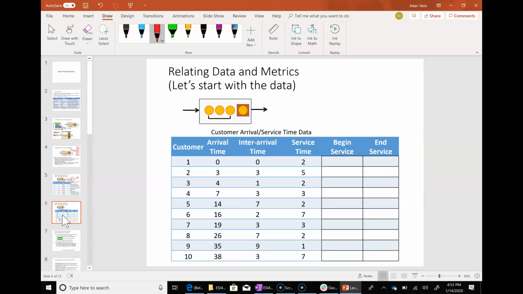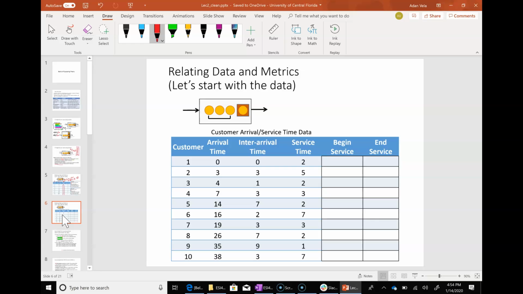All right. So the fun part begins when you start getting tables like this. We can start asking, when did the first customer begin service and when did the customer end service? You can figure all this out based on the policy, so if they're first come, first serve, and what times they arrived and how long they were serviced.